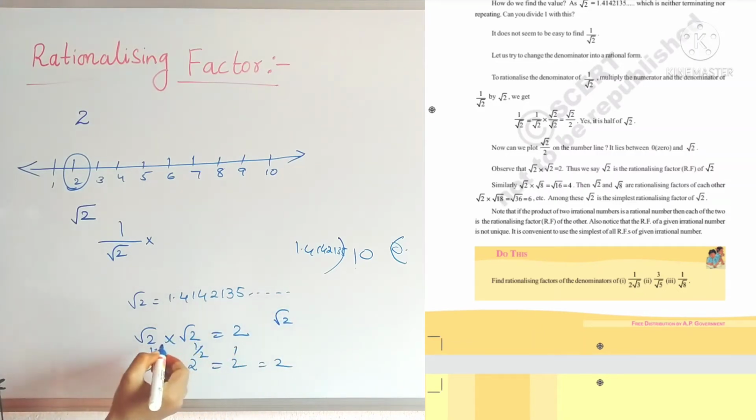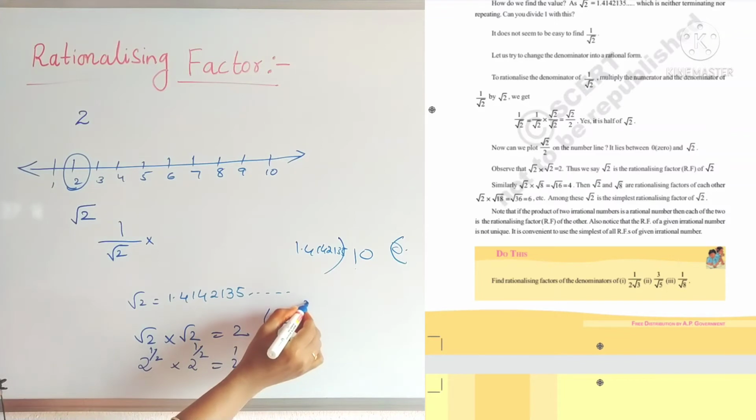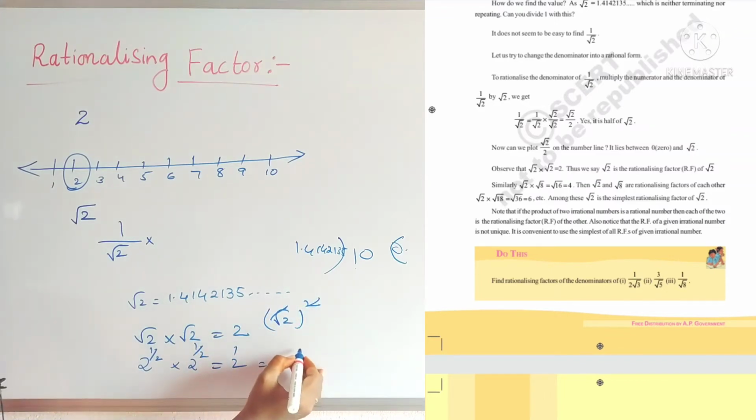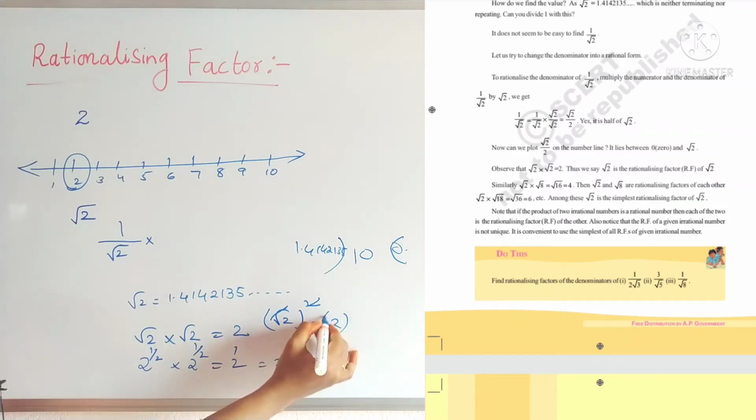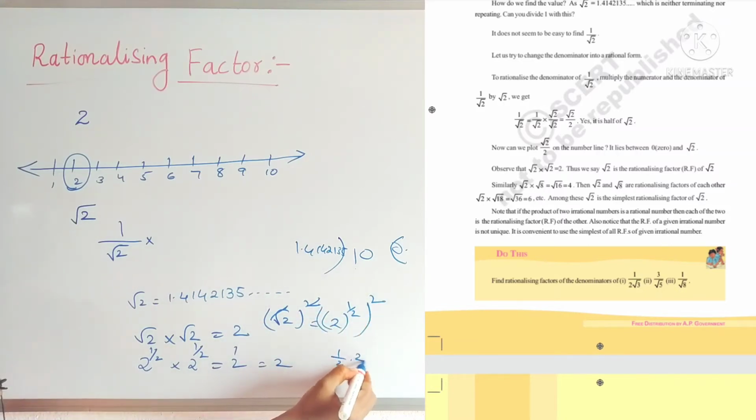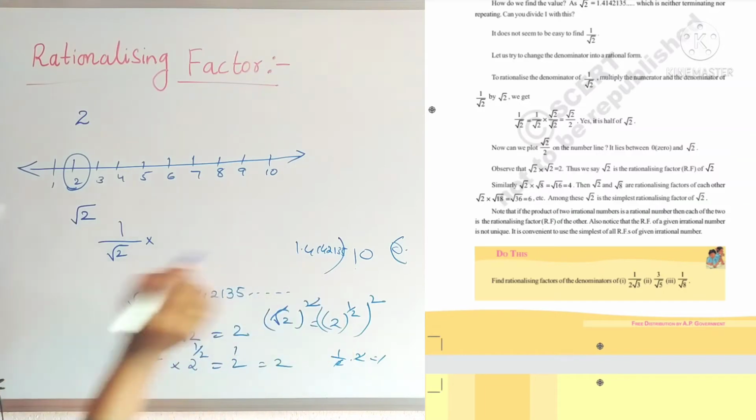Otherwise, root 2 into root 2 is root 2 whole square, and square and root will get cancelled. Square root means whole power 1 by 2, and then whole square, so 1 by 2 into 2 is 1.